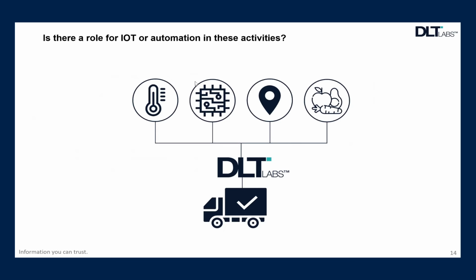In addition, IoT and GPS data is validating any wait times that occurred, at either pickup or delivery destinations. And the key here is that the information is available and visible for all parties.